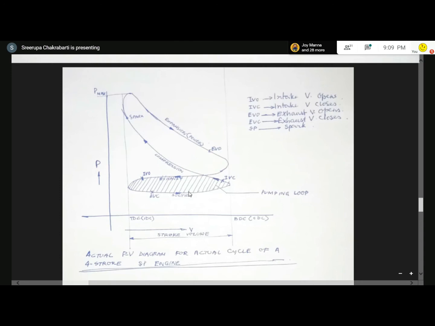The other variety is the supercharged engine, where this suction is not directly from the atmosphere. It is from another device which is called a supercharger.